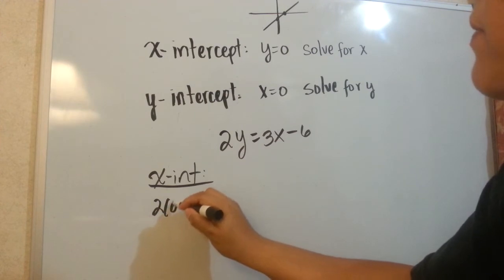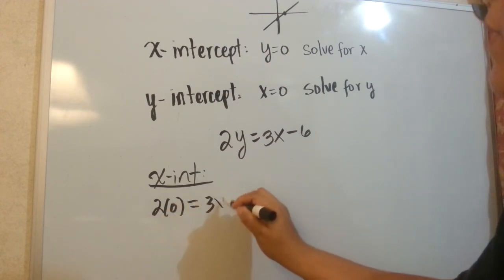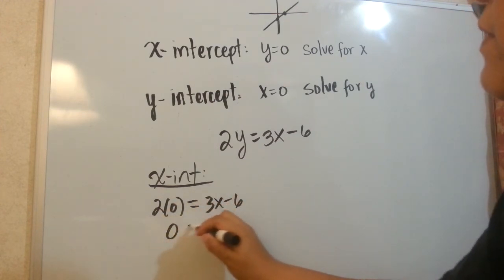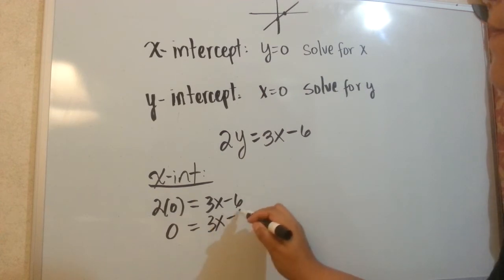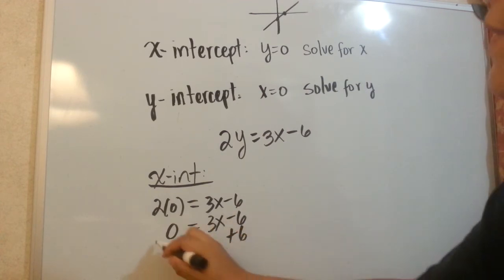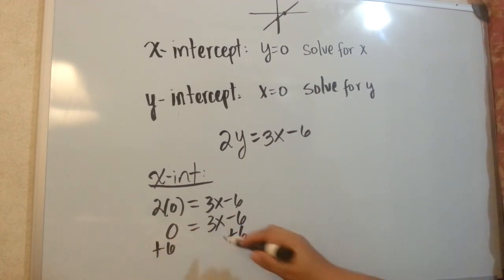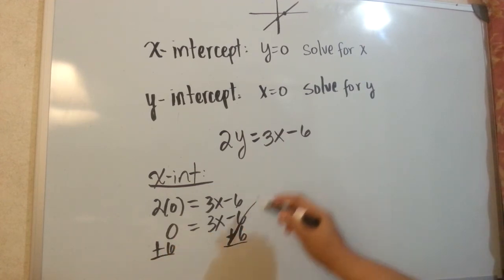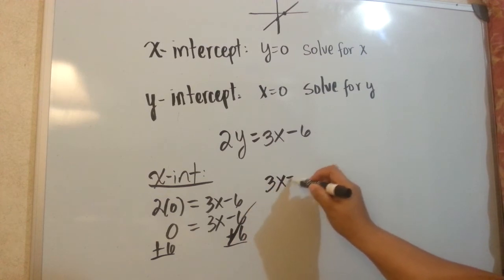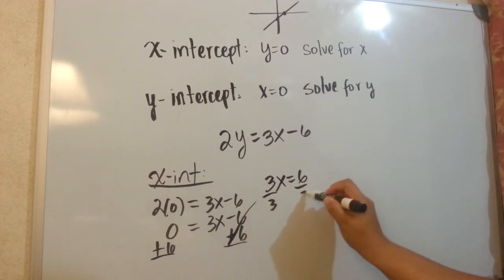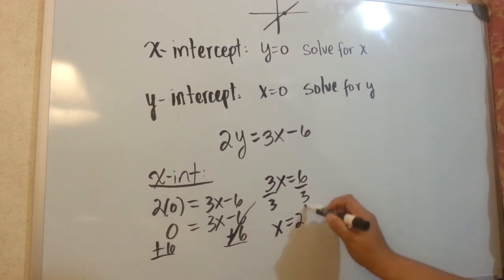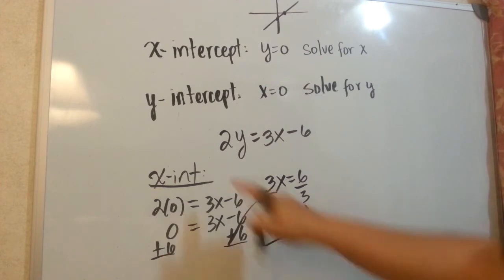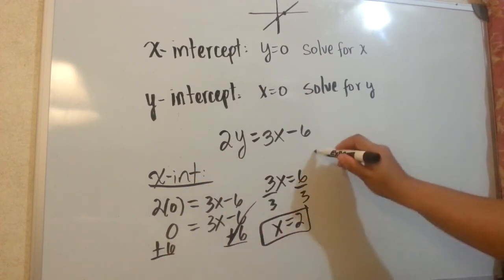So, 2 times 0 equals 3x minus 6. 0 equals 3x minus 6. And you get that 3x equals 6, divided by 3, x equals 2. So the x-intercept would be when x equals 2.